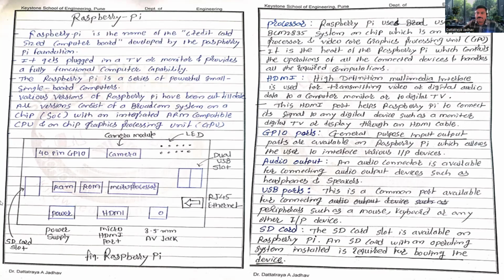Then the USB port. This is a common port available for connecting peripherals such as a mouse, keyboard, and any other input devices. Then the SD card. The SD card slot is available on the Raspberry Pi, and an SD card with an operating system installed is required for booting the device.